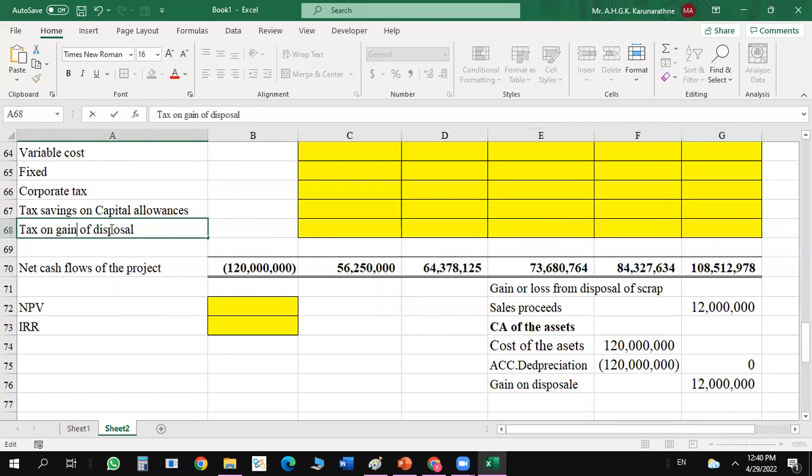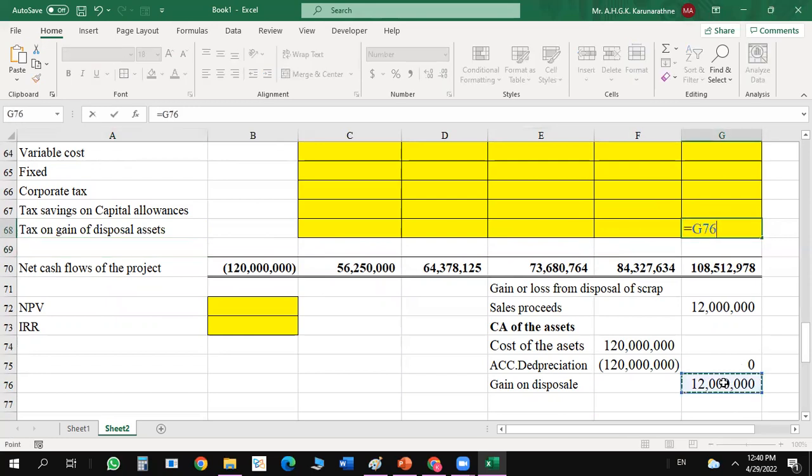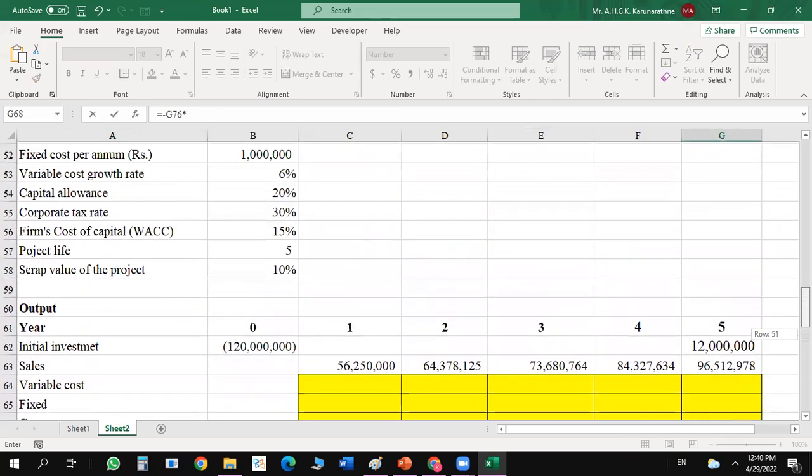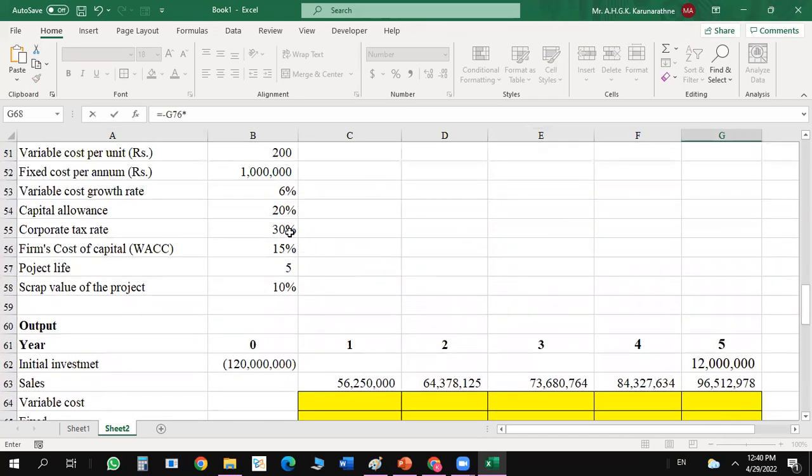Tax on gain of disposal of scrap, disposal of assets equal මෙන්න මේ gain එක multiply කරන්න. මේක tax payment නිසා minus, මෙන්න මේ gain එක multiplied by the tax rate. Corporate tax rate is 30%.